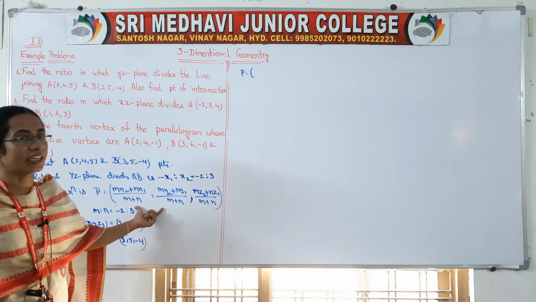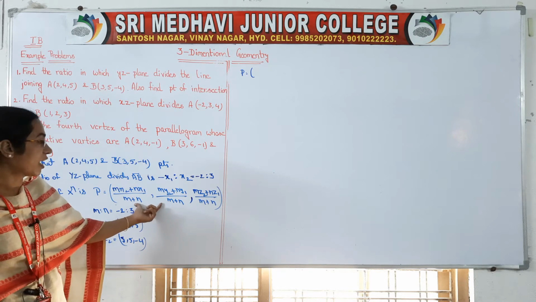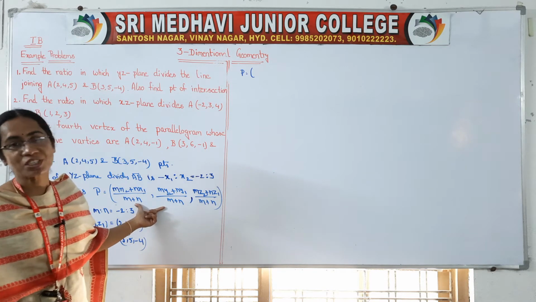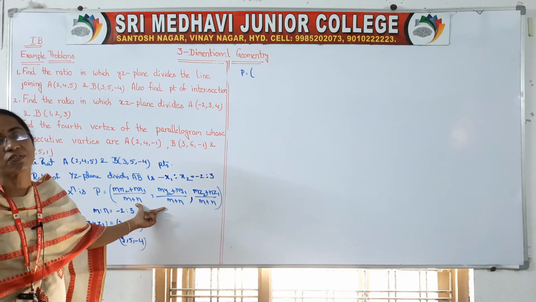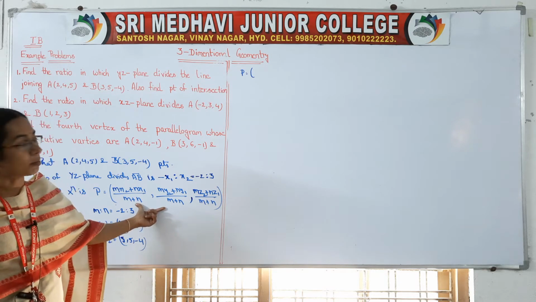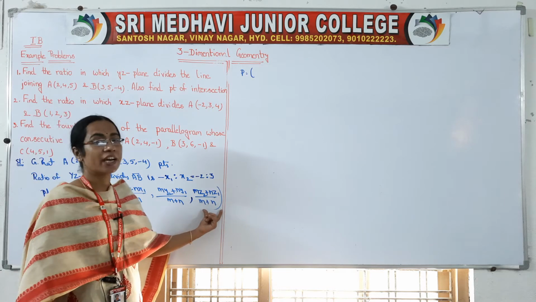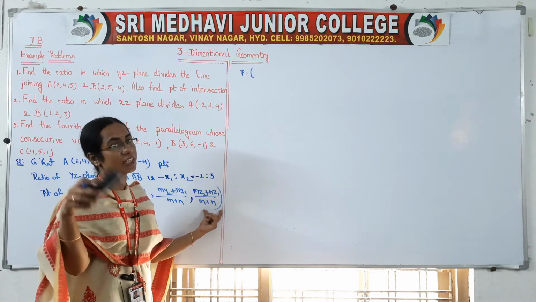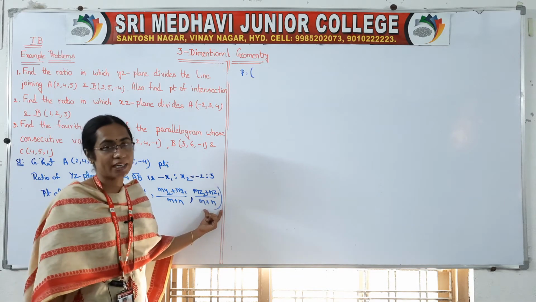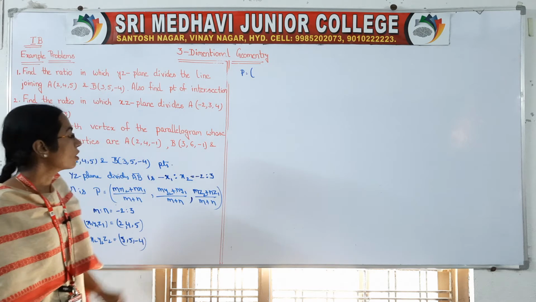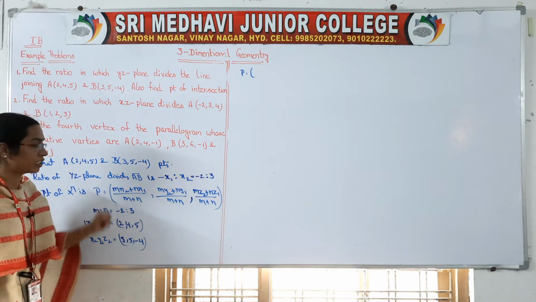We have taken the 2-dimensional formula, but we are dealing with a 3-dimensional geometry. That's why we are having one more term with respect to z coordinate. Okay, so now you find out your point of intersection.